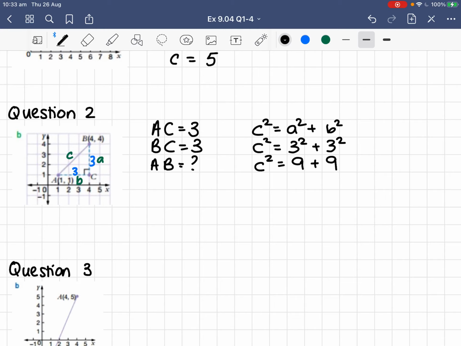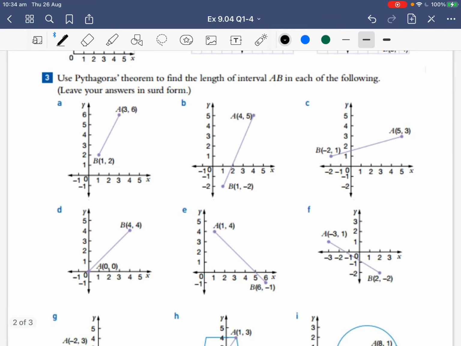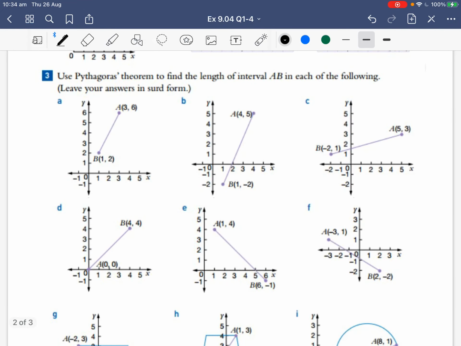So c squared equals 3 times 3, which is 9, plus 3 squared, which is 9. So we have c squared equals 18, and we want to square root both sides, so we get the square root of 18 as our final answer. That means that the length of AB is root 18.